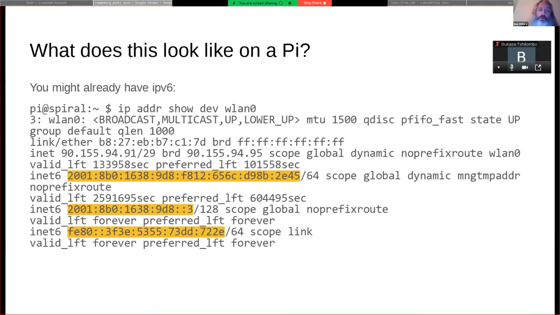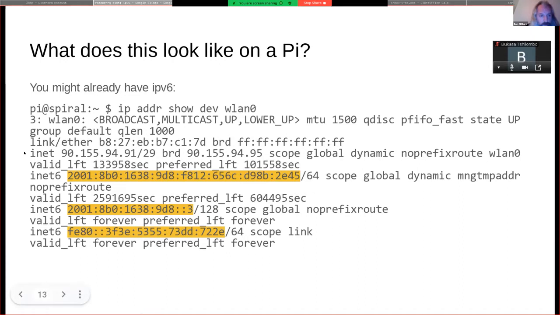So what does that look like? It might turn out that you already have IPv6. I'll show some statistics later, but this is a command prompt on my Raspberry Pi, one of them in front of me, called Spiral. And I've said, show me the IP addresses that are connected to your Wi-Fi interface. So I've typed in ip addr show dev wlan0. That says, show me the IP addresses that are attached to the network device wlan0, wireless LAN 0.